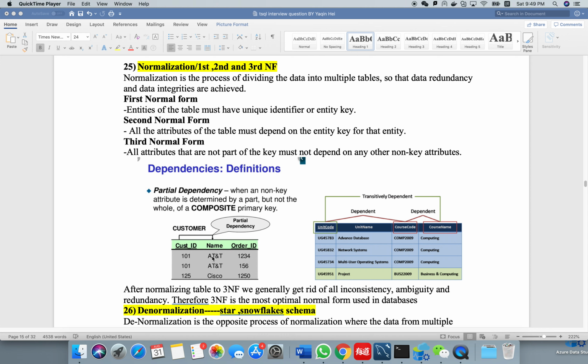This is the partial dependency. For the third normal form, it's based on the second normal form, but we want to remember that it does not have transitive dependency. For example, the course name depends on the course code, and also the course code depends on the unit code.